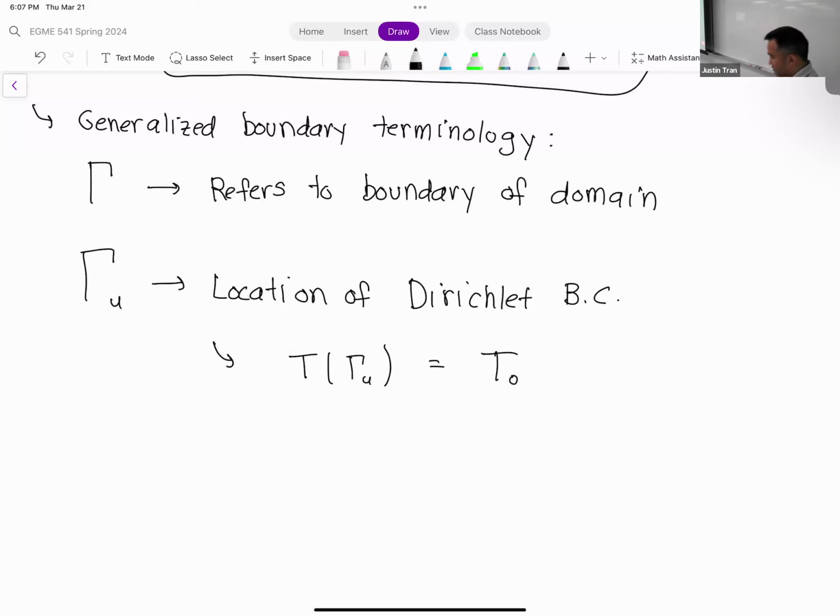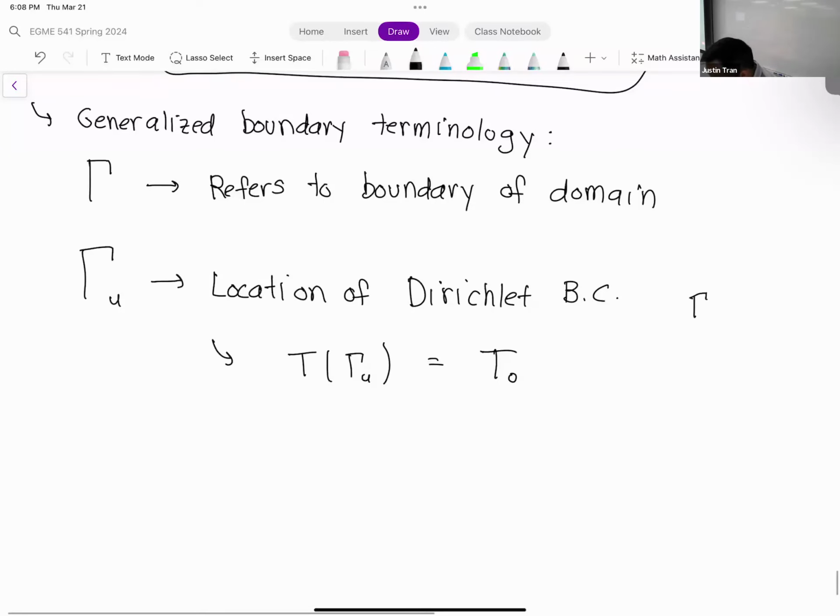And if we compare that to the previous, more specific case, gamma U refers to x equal to 0. So wherever you have your Dirichlet boundary condition, that's where gamma U refers to.